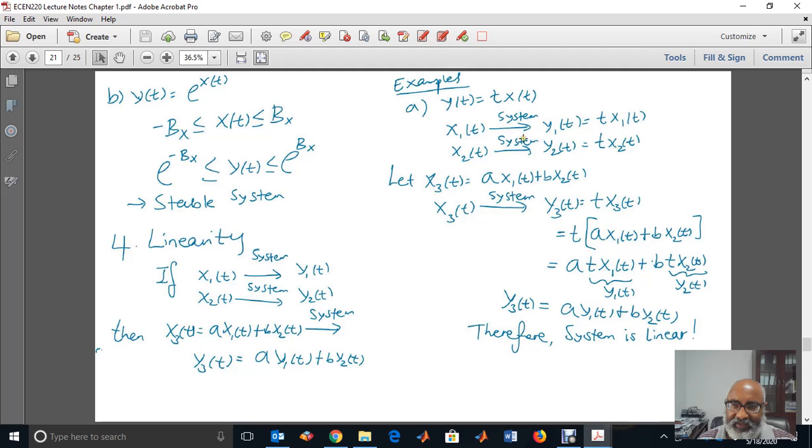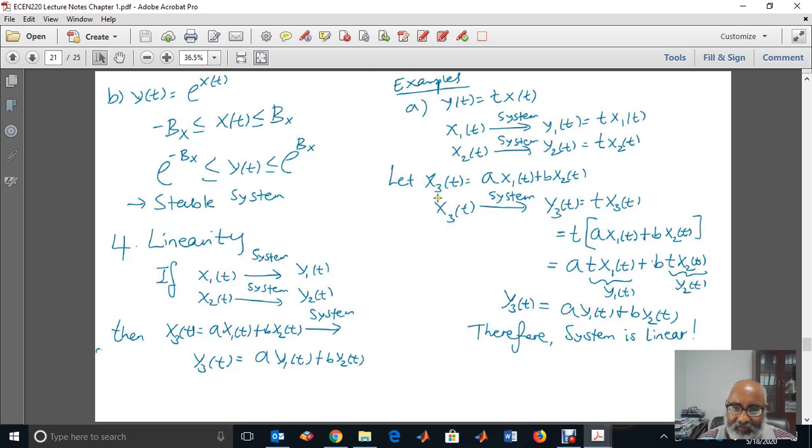If we give x1 of t to the system, what is y1 of t? y1 of t is t times x1 of t. If we give x2 of t, y2 of t is t times x2 of t. Let's create another input, x3 of t, which is a combination of x1 of t and x2 of t. So x3 of t is equal to a x1 of t plus b x2 of t.